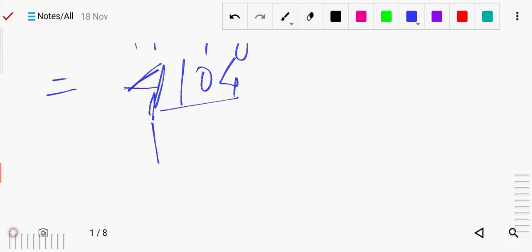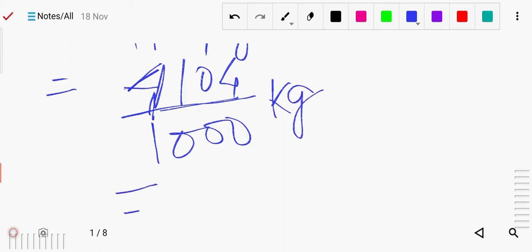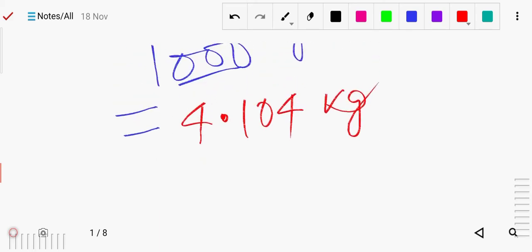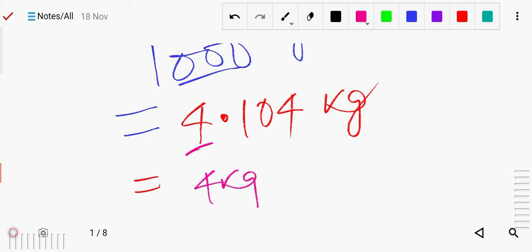Whenever you divide by 1000, it becomes kg. Now you can see 3 zeros are there, so we put a point: 4.104. Now this is your kg. The whole part is for the kg, so you write 4 kg and the remaining part 104 is your gram.